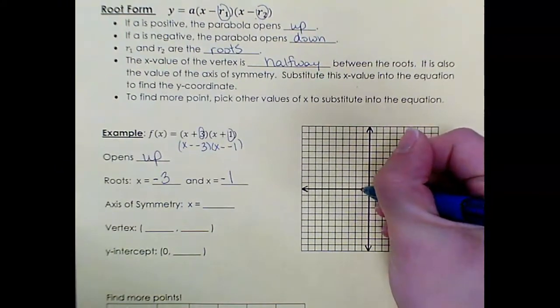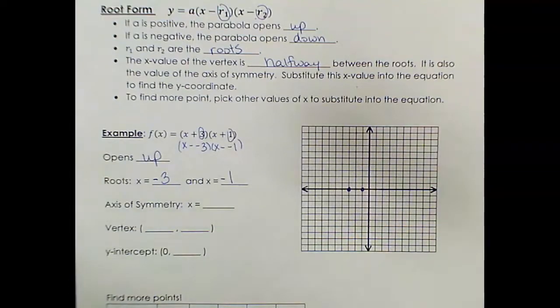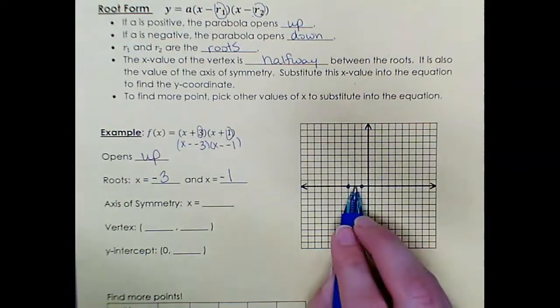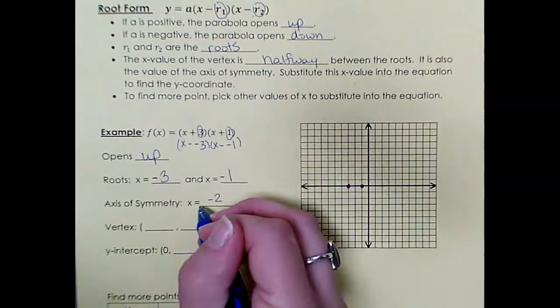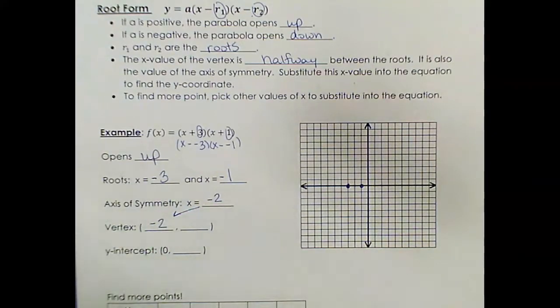So if I plot those roots, there we go. Halfway between them is this point right here, right? Well, that point right there is an x value of negative 2. So my axis of symmetry is x equals negative 2. And my vertex is what I get when I substitute negative 2 into my equation.